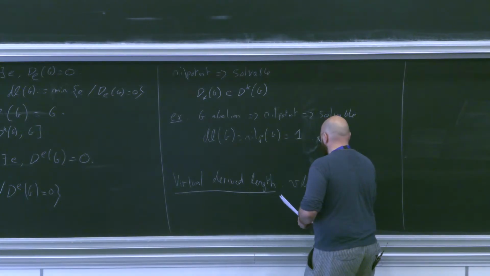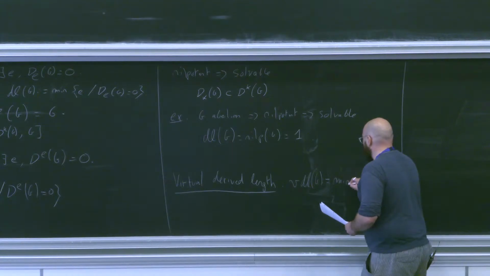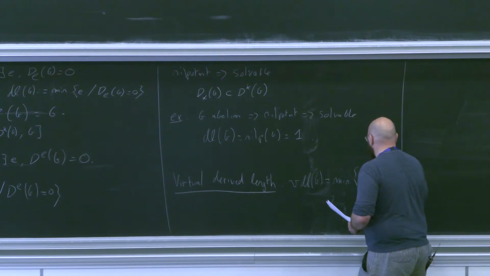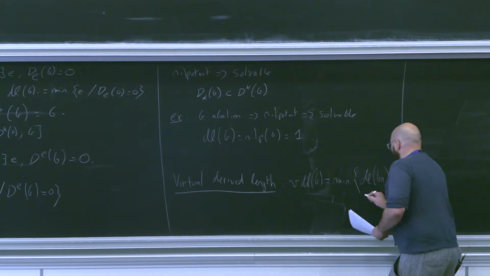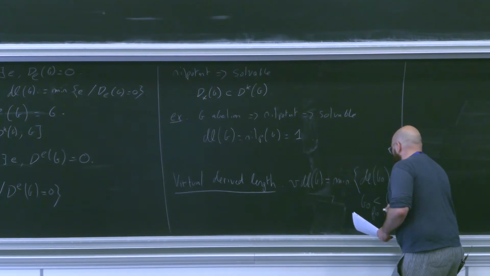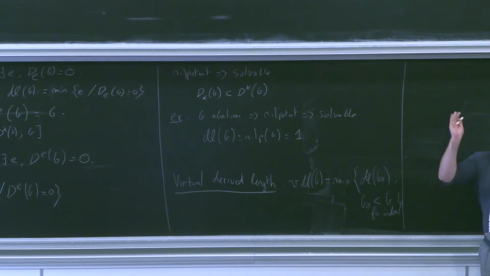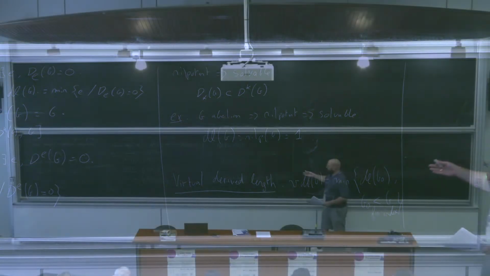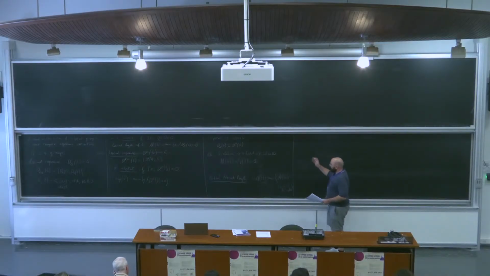VDL of G. You look at the minimum of the derived length of G0, where G0 is a finite index subgroup of G. Okay, so you look at all the finite index subgroups. So if G is solvable, all the subgroups are going to be solvable as well. And you look at the finite index ones, you look at the derived length, and you take the minimum of all of that.